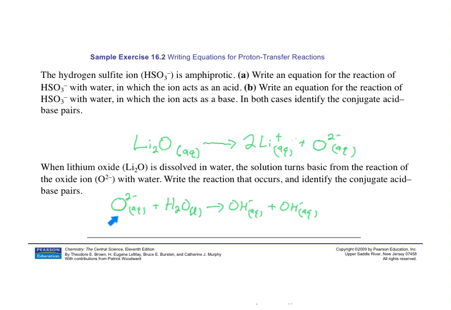So dissolving lithium oxide into water really gives us this strong base, oxide, and it is going to act as the Bronsted-Lowry base, accepting a proton from, therefore, the Bronsted-Lowry acid water, forming hydroxide, the conjugate acid of oxide, and hydroxide, the conjugate base of water. Dissolving lithium oxide in water results in a very basic solution because you get two equivalents, or two parts, of hydroxide ions in solution.